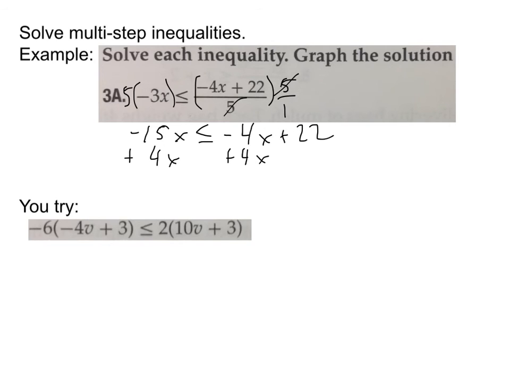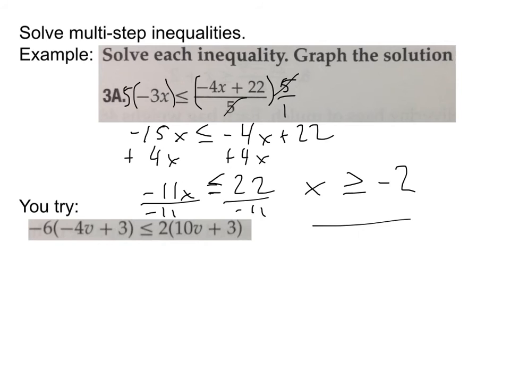So I'm at negative 11x is less than or equal to 22. And now I divide by negative 11. I just divided by a negative, so I need to flip the sign to be x is greater than or equal to. 22 divided by negative 11 is negative 2.